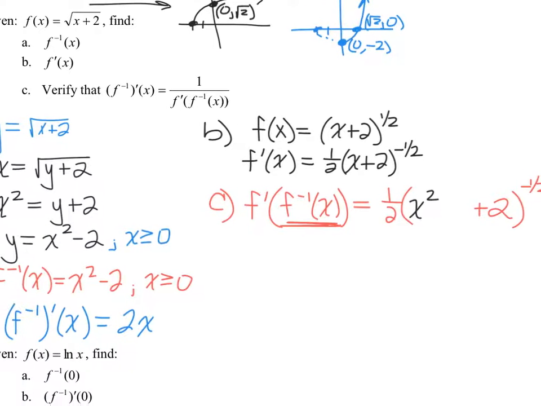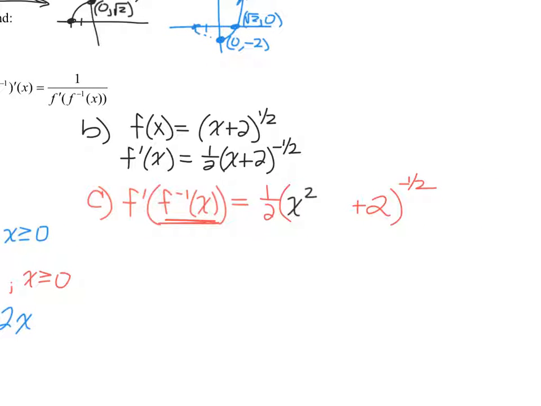I think I already forgot. Was it minus 2? Yeah. All right, so we're looking at 1/2 of x squared to the negative 1/2, which would be 1 over 2x.